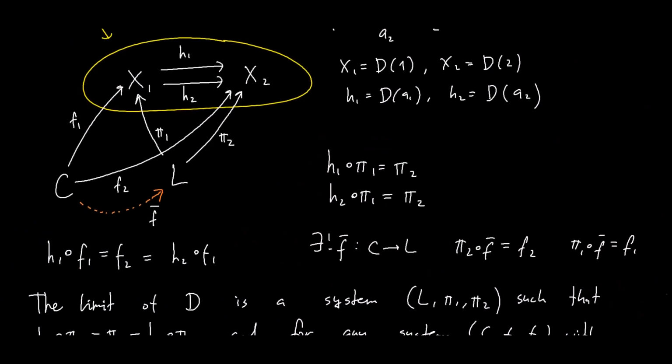But now, what do I do when I have those arrows? In fact, those arrows tell me that pi2 is irrelevant. It's all about pi1. And what I want from pi1 is that h1 composed with pi1 equals h2 composed with pi1.